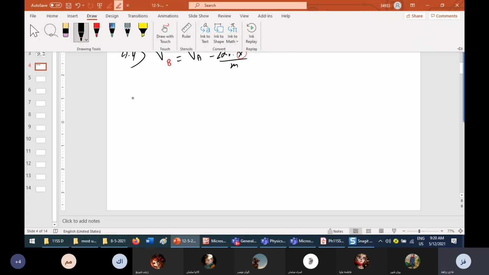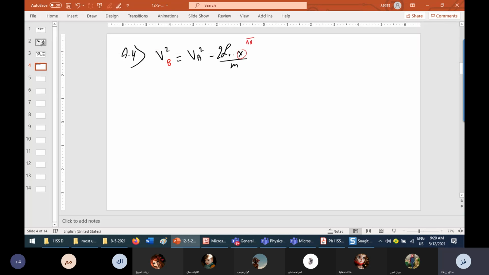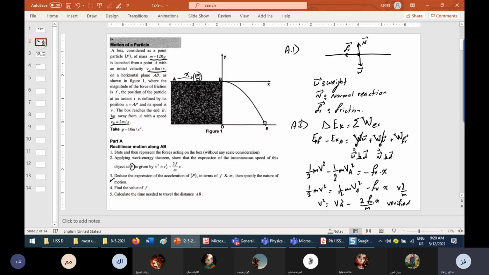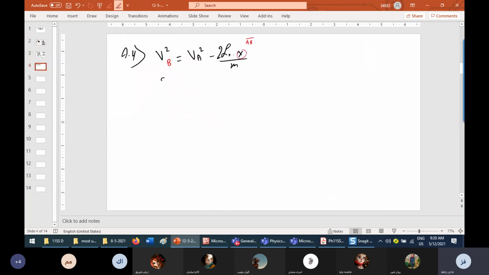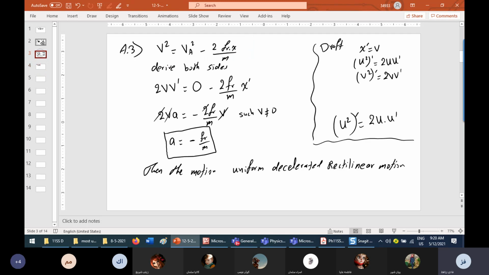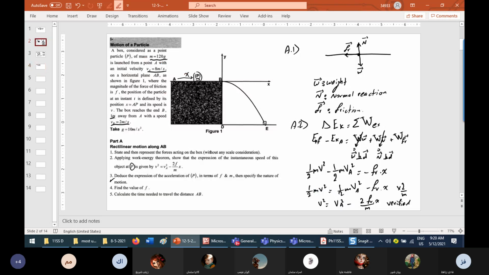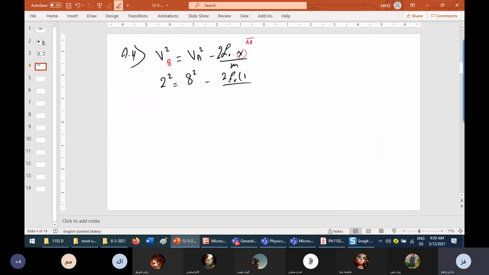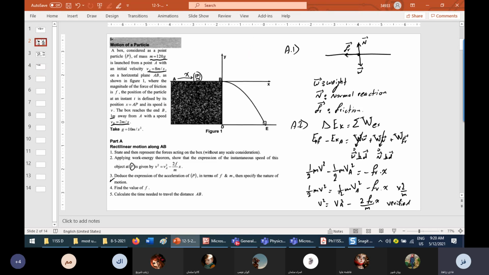So let's substitute to find F. VB square is 2 squared, and VA is 8 squared, minus 2 friction multiplied by the distance, which is 1 meter, divided by the mass, 120 gram.